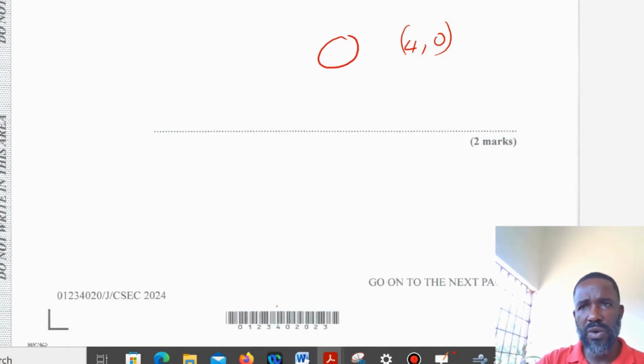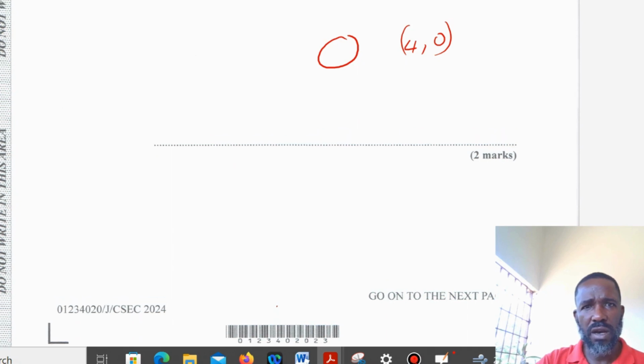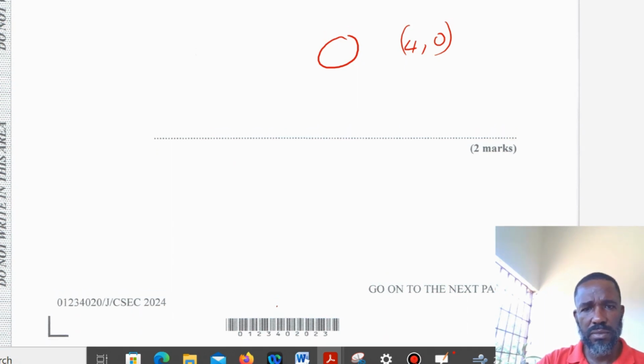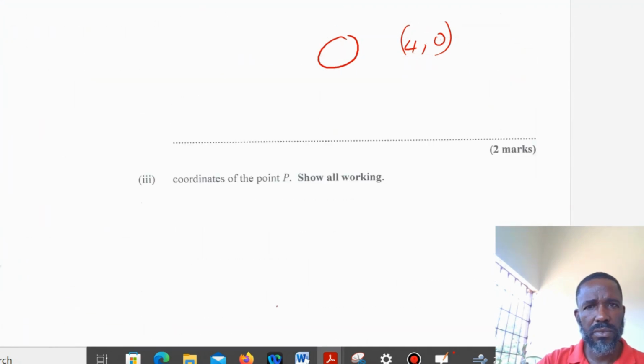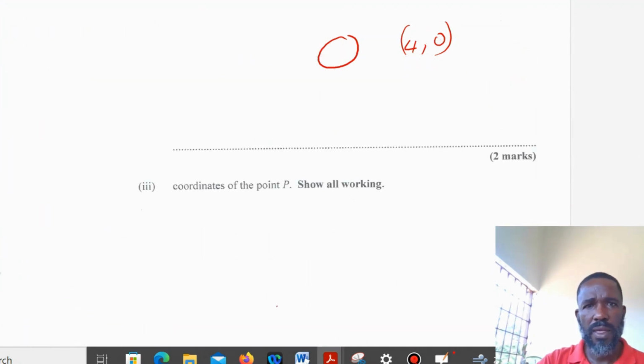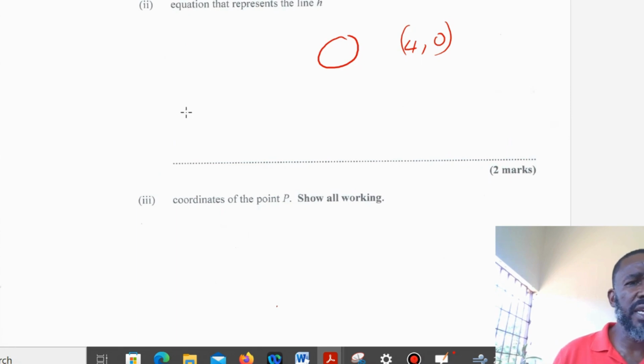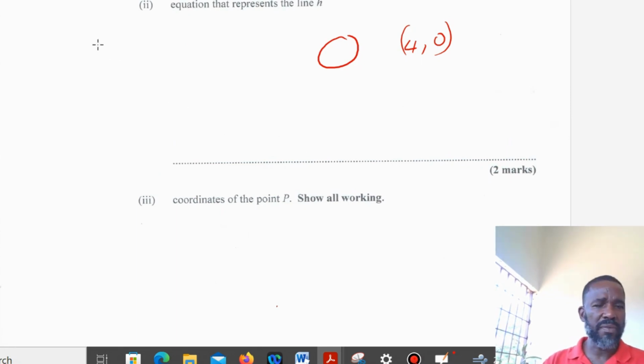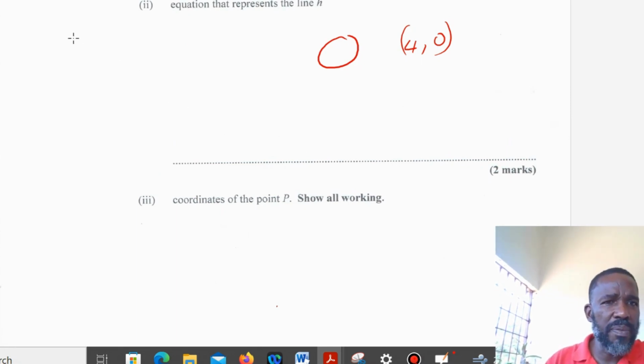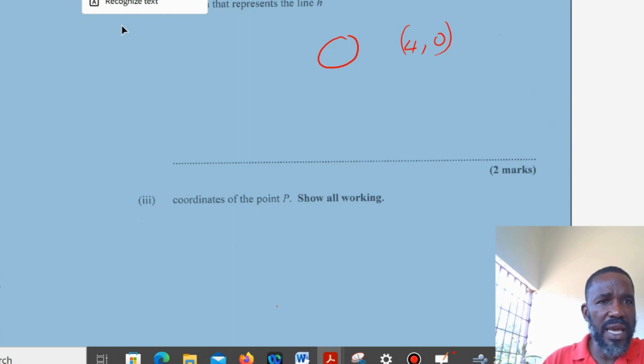And so how are we now going to determine the equation of line H? In determining the equation of line H, we need to remember that if two lines are perpendicular, then the product of their gradients is equal to -1.